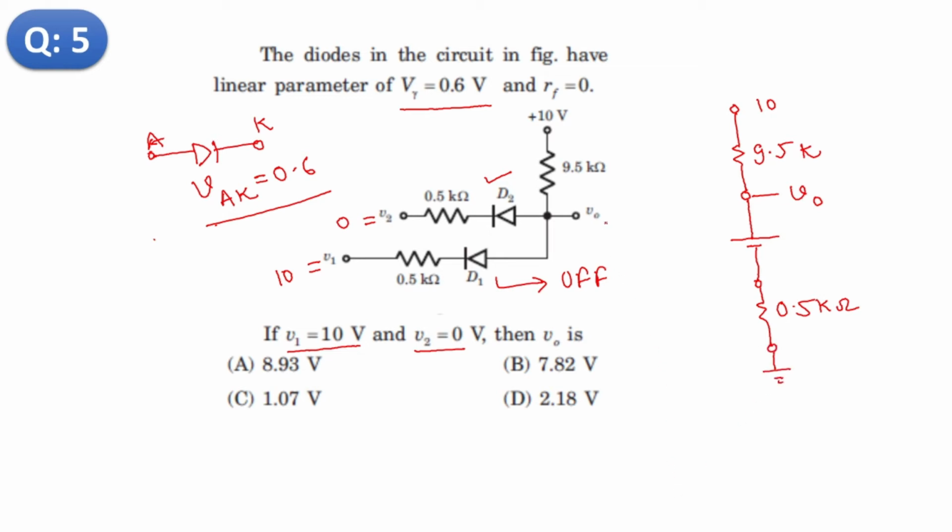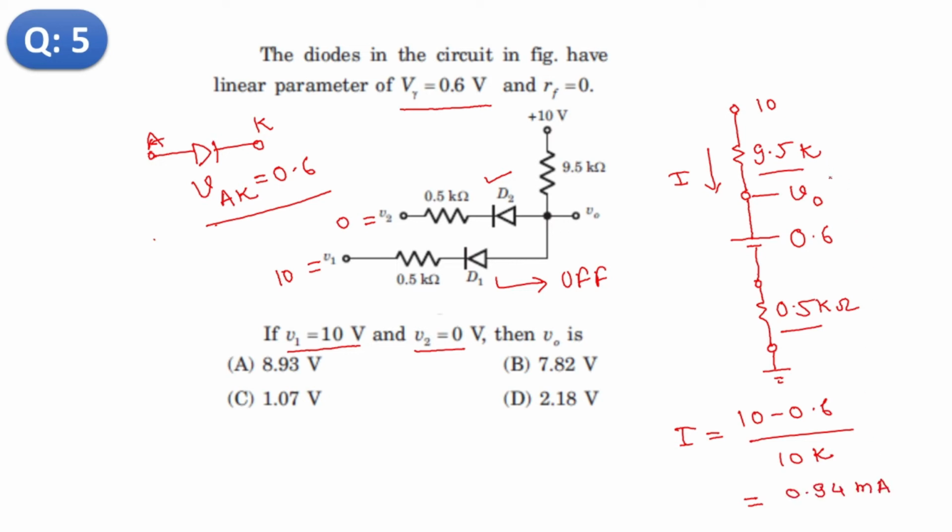We can find the current through this circuit, that is I. The diode drop is 0.6 volt, so I will be 10 minus 0.6 divided by the total resistance, 0.5 and 9.5, which is 10k, so it will be 0.94 milliampere.